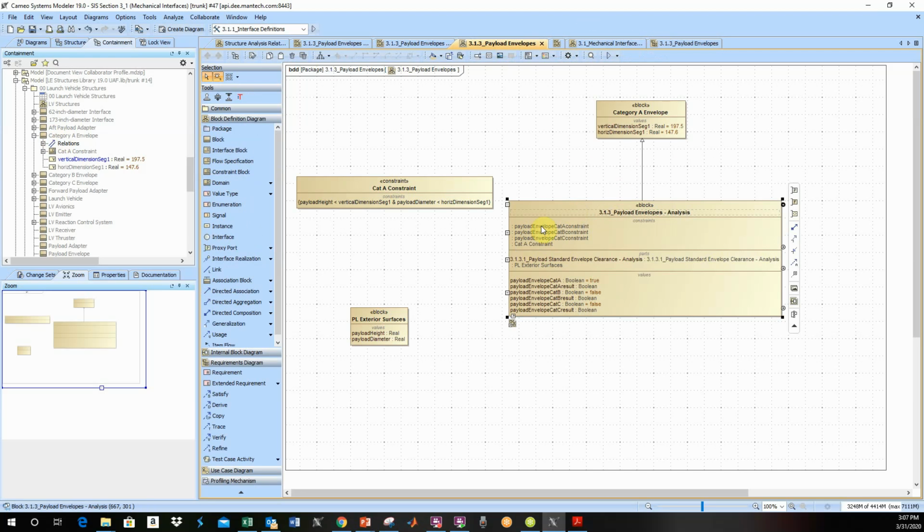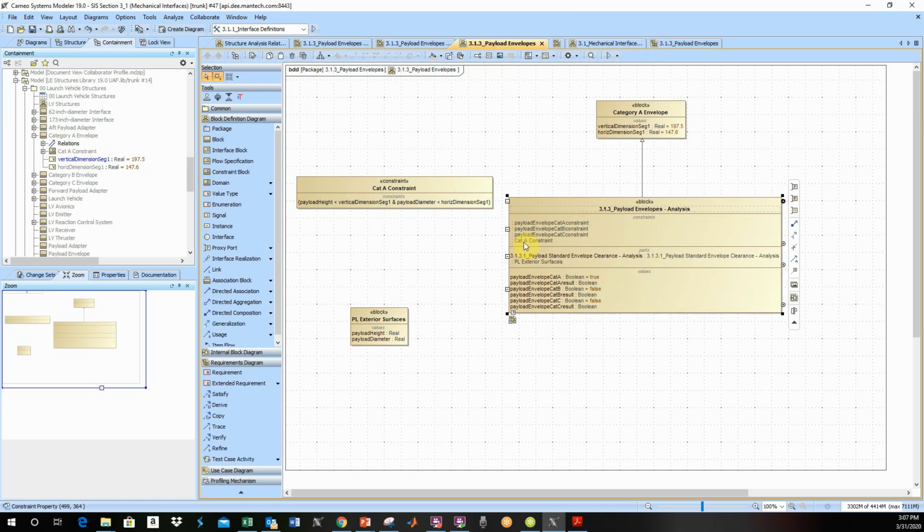For example, you can see that the block inherited this cat A constraint because it's got four constraint properties. And this fourth one, cat A constraint, is that one there, which is in the library.